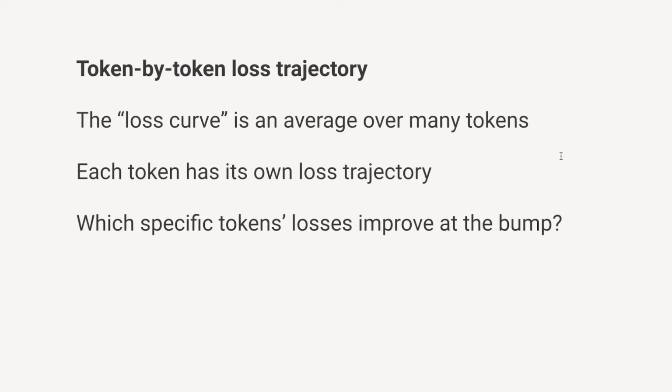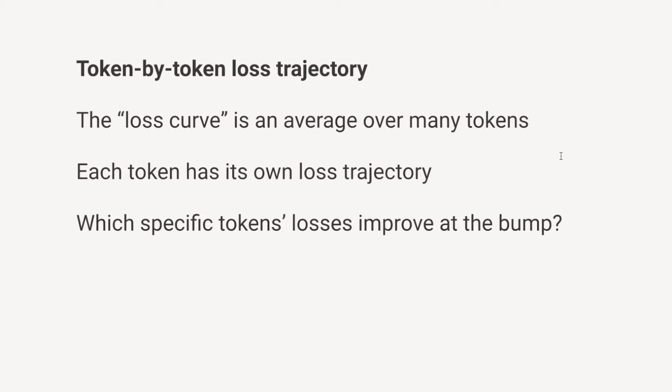But that overall summary is, of course, made out of thousands of individual tokens, distinct and discrete loss trajectories that have their own behaviors that, when averaged out, look like the loss curve we're all familiar with. For much of this analysis, I'll be working not with the average, but with that token by token, broken down individual loss trajectory set or matrix. And we'll be asking which specific tokens' losses are the ones that improve at the bump.